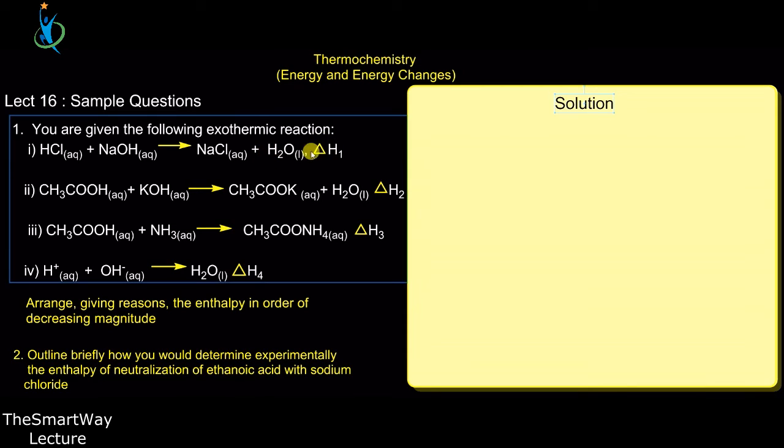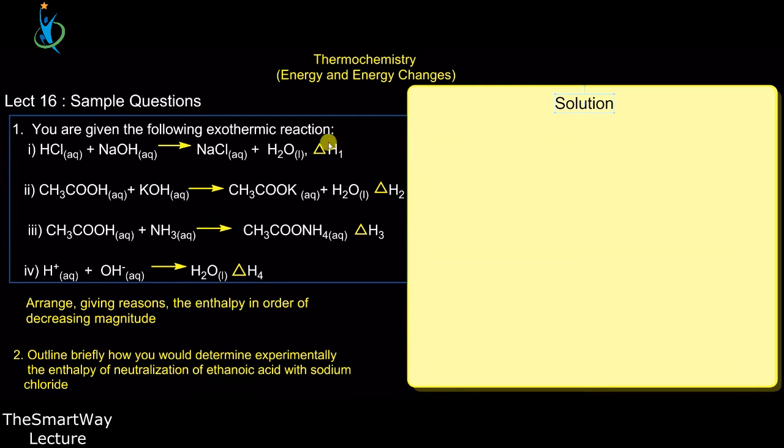The next one is ethanoic acid plus potassium hydroxide aqueous to give potassium ethanoate plus water. The next one, ethanoic acid plus ammonia, and then we form ammonium ethanoate. The last one, we are given H plus and OH minus to get water, liquid. And these are the enthalpies for the reactions.